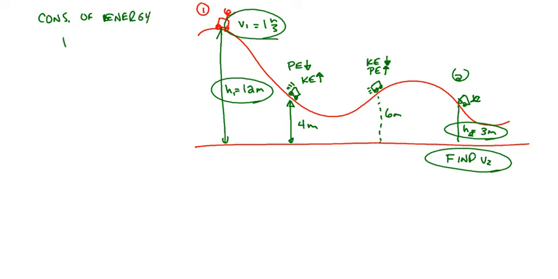Conservation of energy says the energy at point 1 equals the energy at point 2. We've seen that big version of it, the potential energy at the top plus the kinetic energy at the top equals the potential energy at the bottom plus the kinetic energy at the bottom. We're concentrating on these two forms of energy.